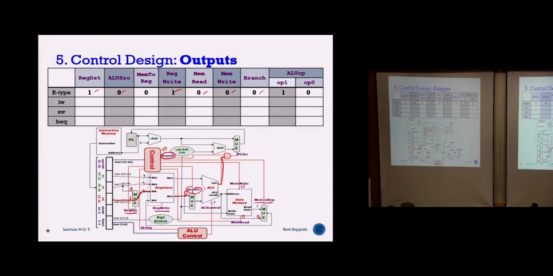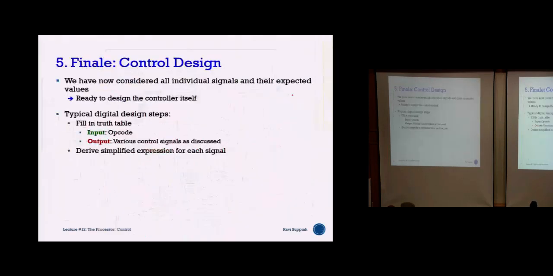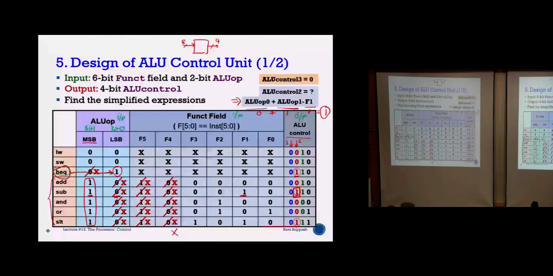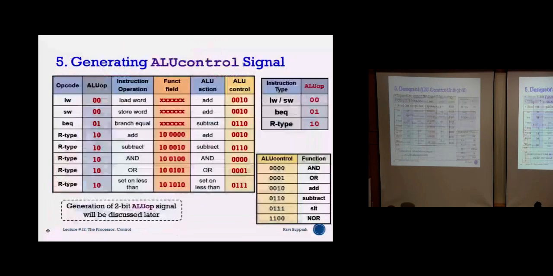So in an R type instruction, I'm going to take my ALU output, so this should be 0. And my ALU op should be 10. How do I get 10? Because I already preset that over here. For ALU op, we already said that for R type instruction it is 10, BEQ is 01, and memory is 00.